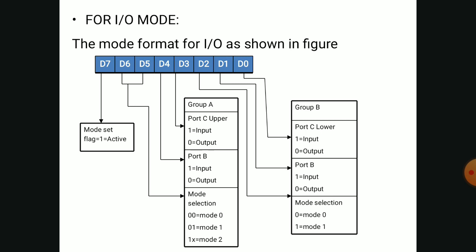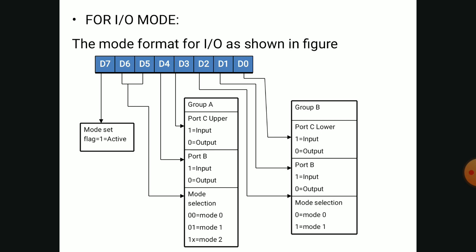Next one is D2. D2 is used for mode selection again, and if it is 0, it is for mode 0. If it is 1, it is for mode 1. As I already indicated, group B is not used at all in mode 2 operation.